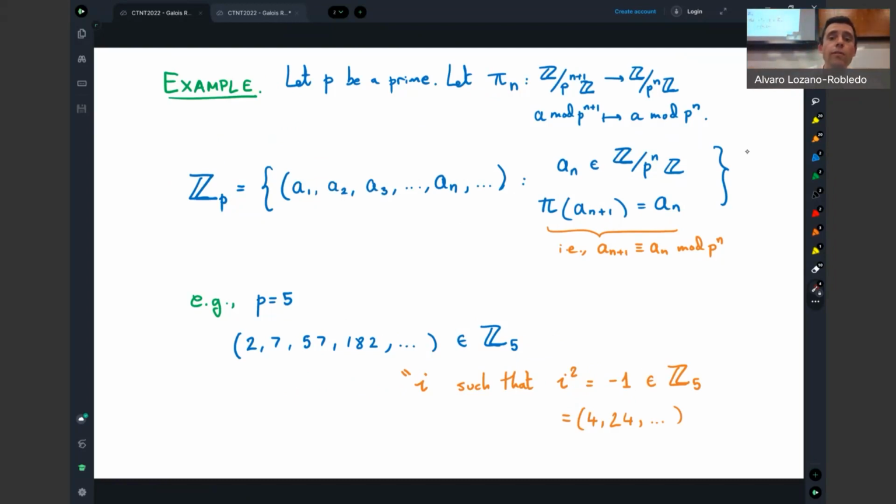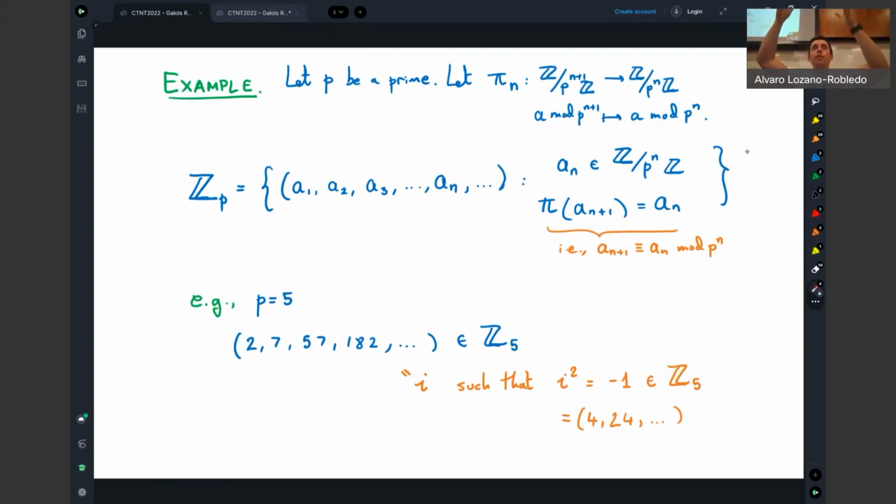In Z_p, the p-adic integers, the way I like to think about the p-adic integers is as infinite sequences of elements of Z mod p^n Z. Remember last time we were trying to build what would be the Galois group of the entire p cyclotomic extension, and those groups appear naturally in that context, and you don't want to do the direct product of those groups. You sort of want some structure that sits on them.